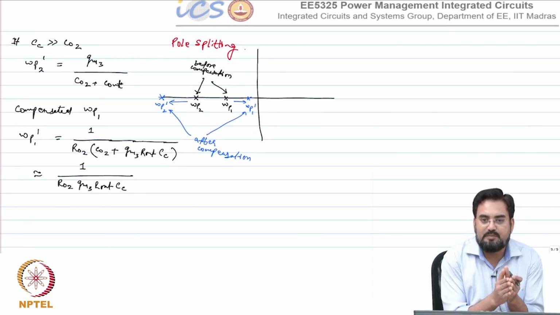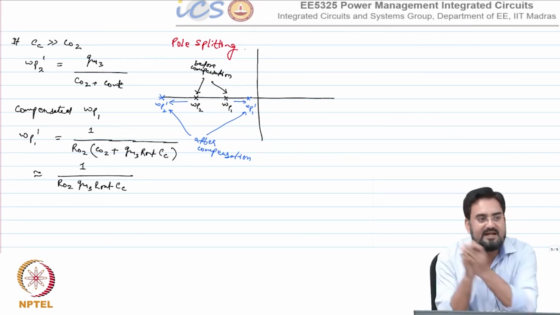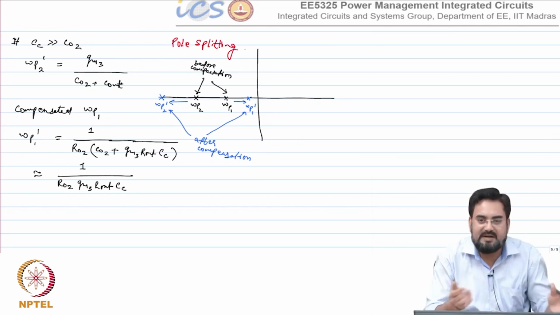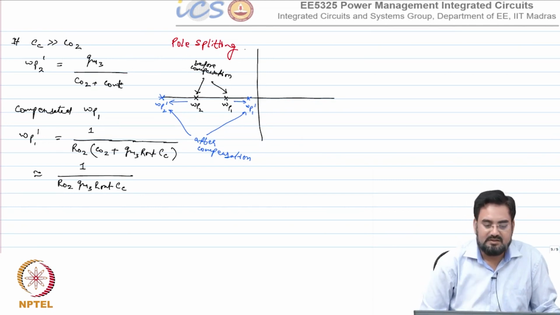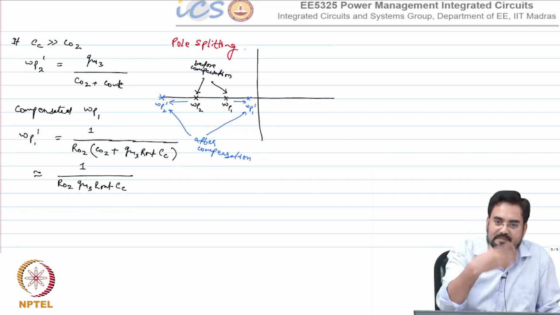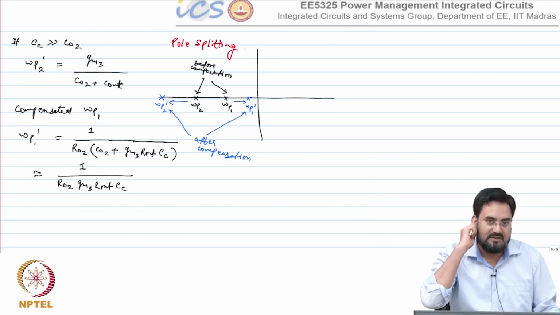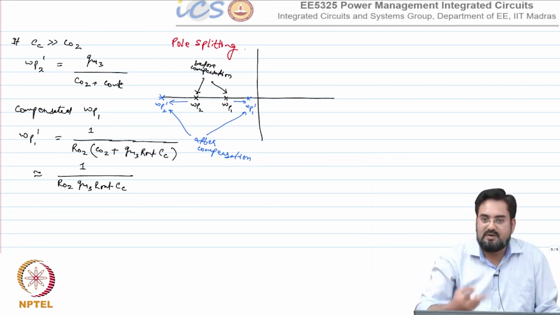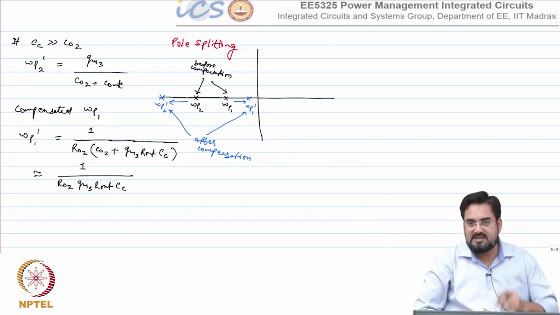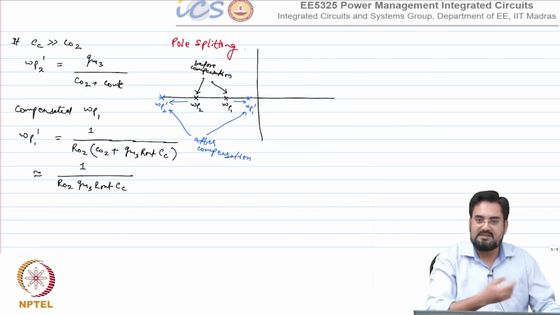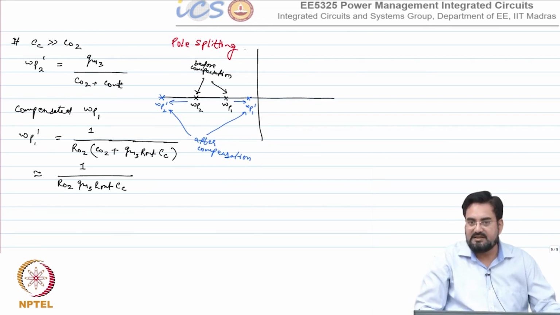So now I can push my first pole even to a higher frequency because I have a better phase margin. So with the Miller compensation, you can achieve higher bandwidth compared to the dominant pole compensation. So there are two advantages: higher bandwidth and smaller cap, because your cap is multiplied by the gain here.